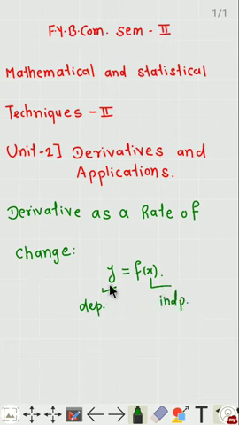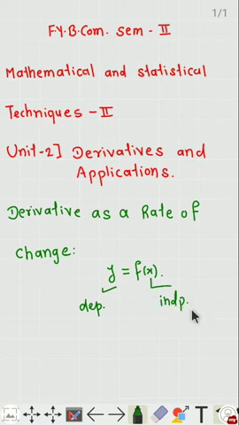So y depends on the value of x. Whenever the value of x changes, the value of y also changes.